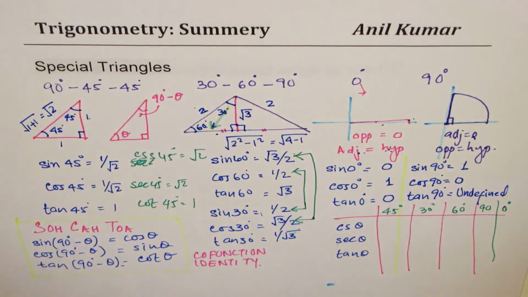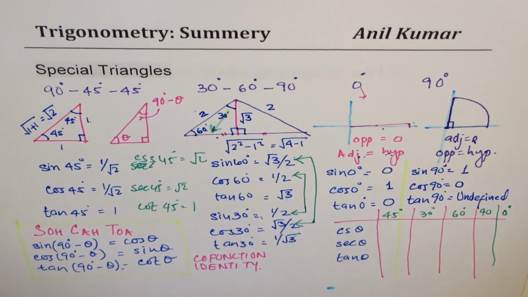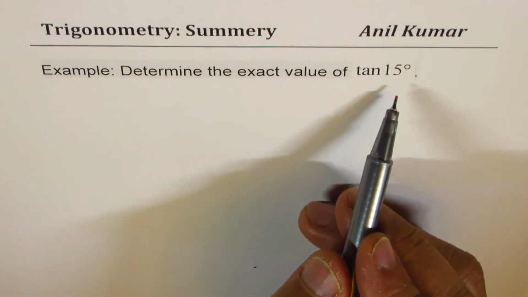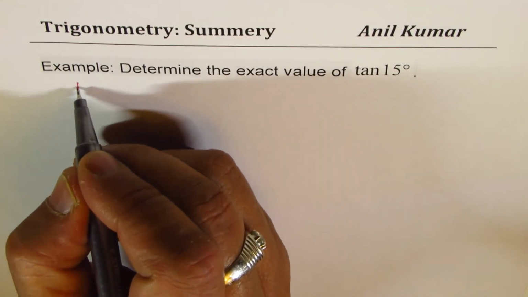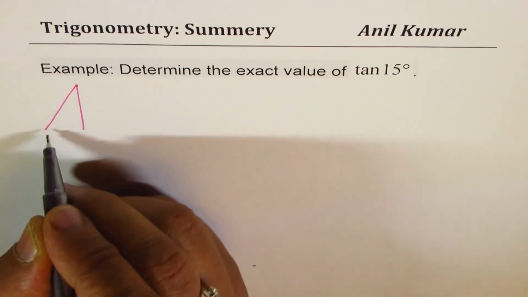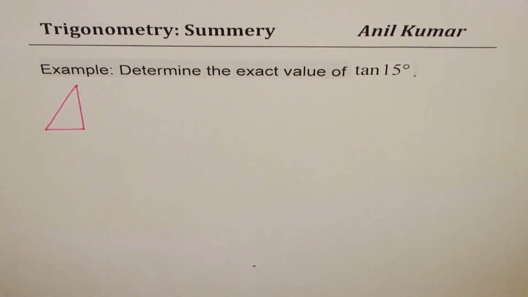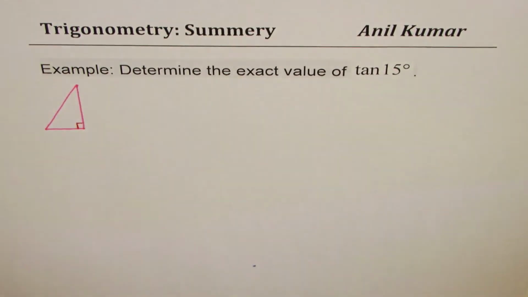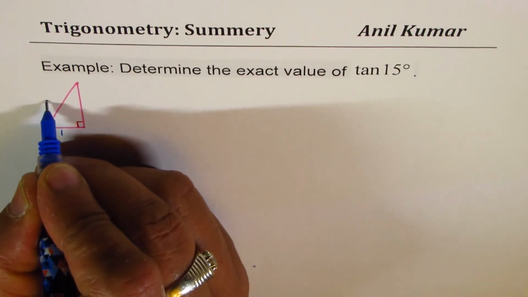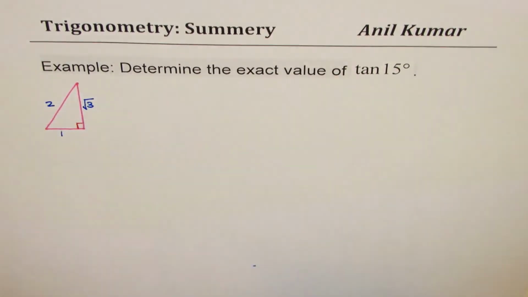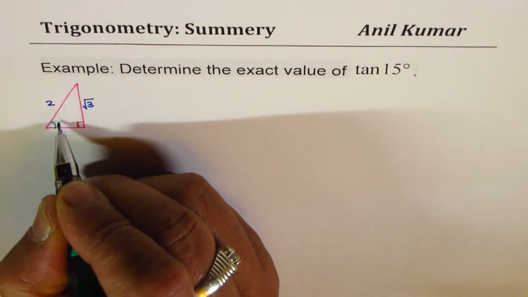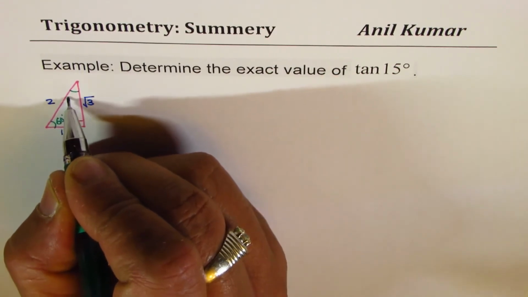Correct? So let's move on to our very special question, that is to find tan of 15 degrees. Now to find the exact value of tan of 15 degrees, I'll be using the special triangle. Let me sketch the special triangle here, which is 30, 60, 90. Most of the time we only need to sketch half of the triangle, with sides 1, 2, square root 3, where this is 60 degrees and that is 30 degrees.